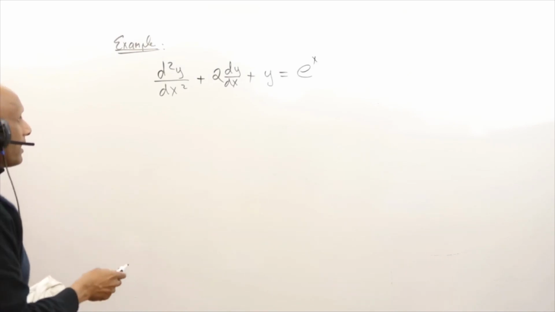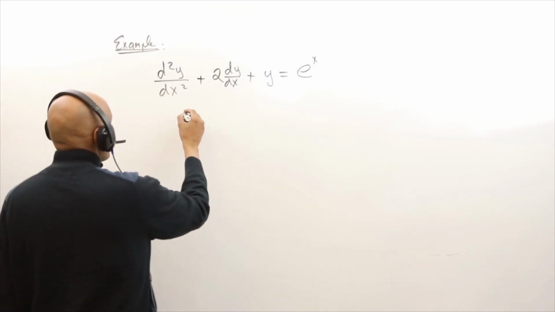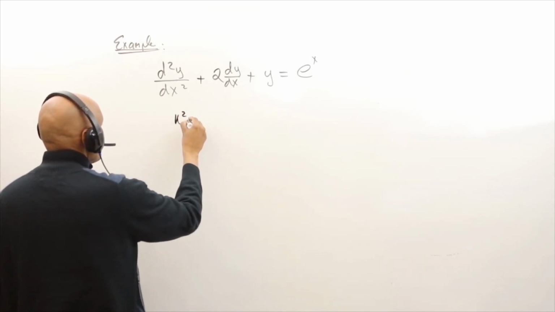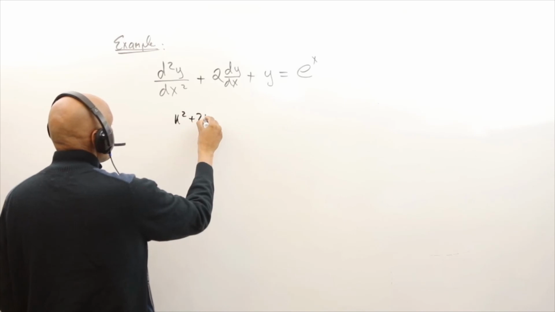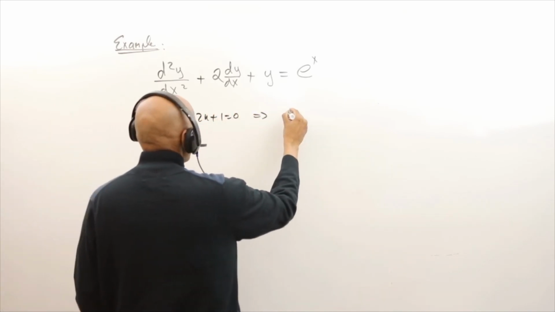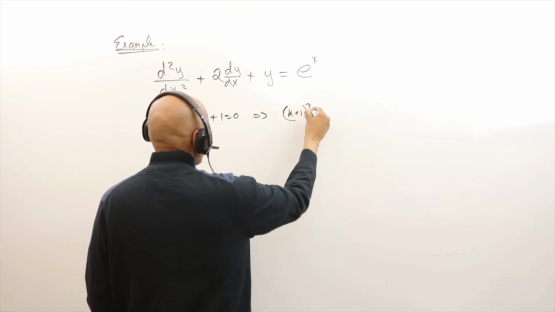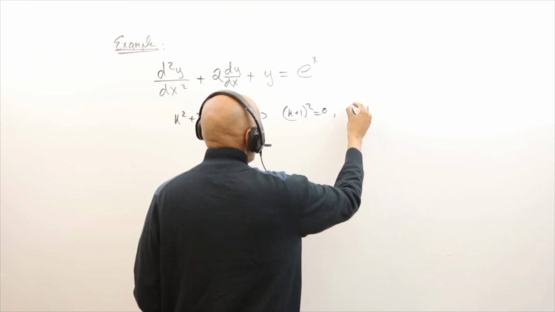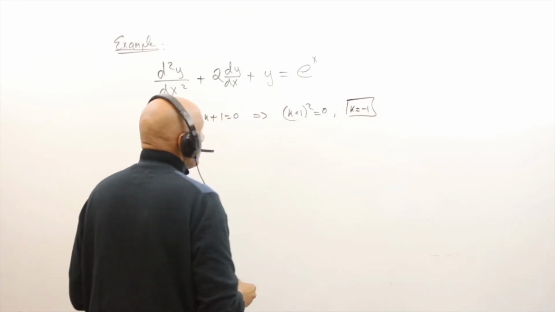Again, our procedure is to get a characteristic equation from the homogeneous equation. The characteristic polynomial would be k squared plus 2k plus 1 equals 0. You'll see that that's really (k plus 1) squared, similar to the last example, equals 0. And then k is equal to minus 1 is the only solution.